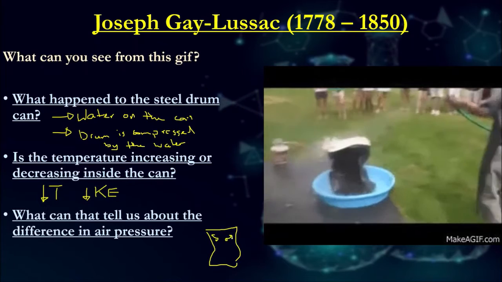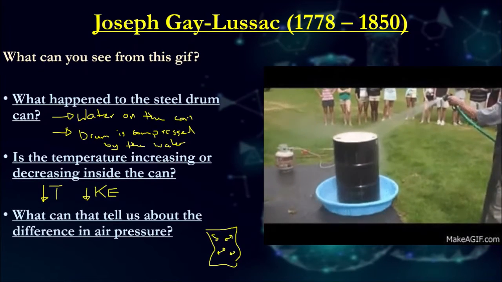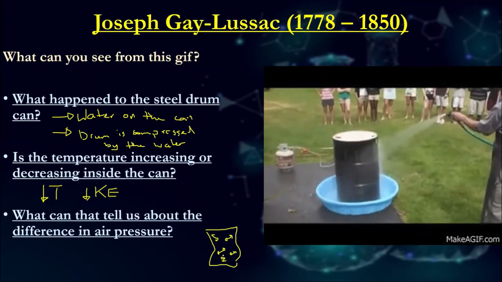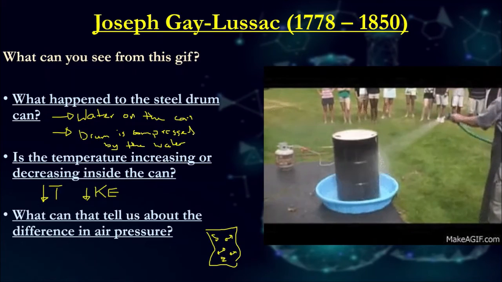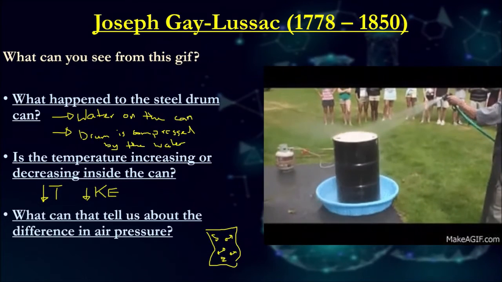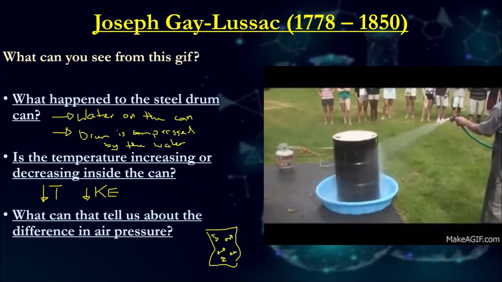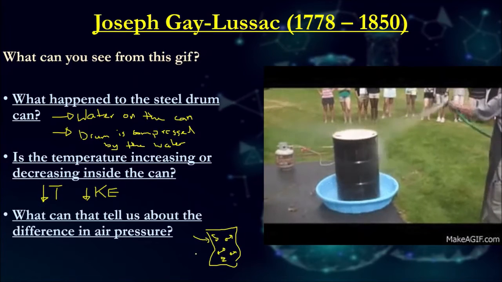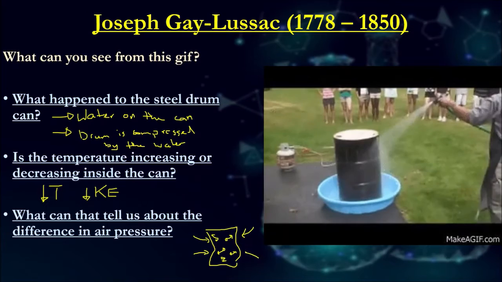They're not as energetic. They're not really pushing against the surface of the can at the same magnitude as it was when it was at a really high temperature. So we have a lower pressure system in the can, and then we have the same pressure being exerted from the outside.